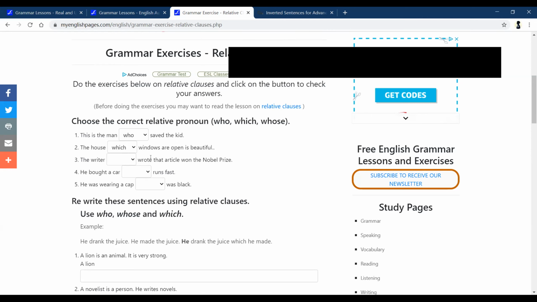I'll give another example: the cat which plays the ball is naughty.